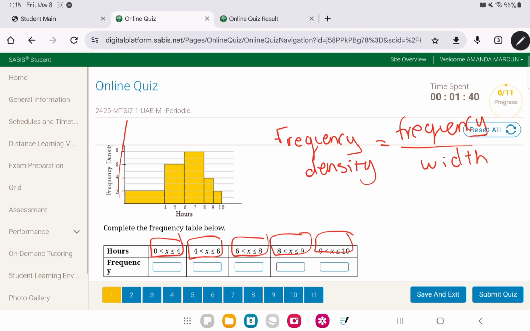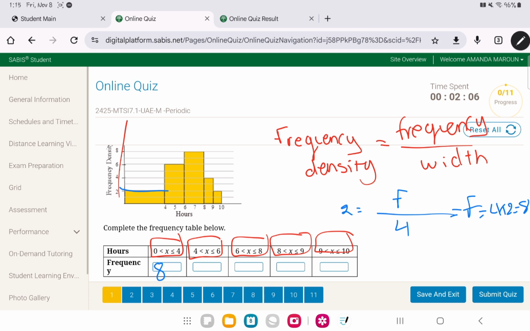For the first one, we will check the frequency density is 2. So 2 is equal to the frequency that we need to find over the width. What is the width? We do interval 1 minus interval 2. So 4 minus 0 is 4. Now very simply, to find frequency, you do 4 times 2 and you are going to get 8. So the first frequency is 8.